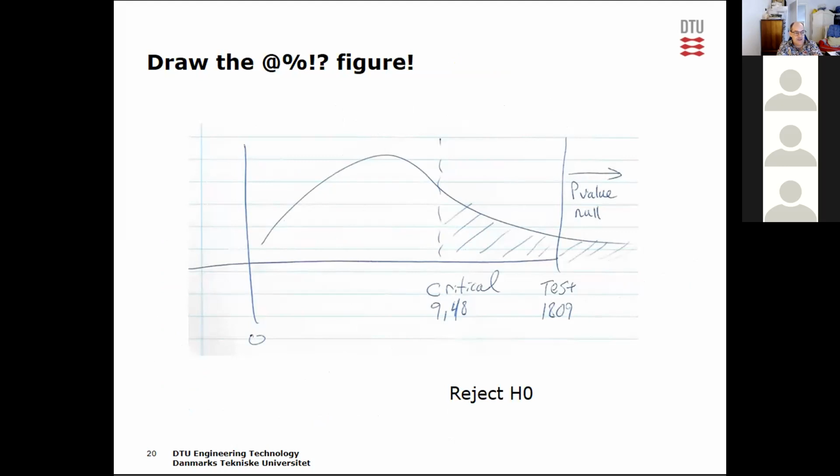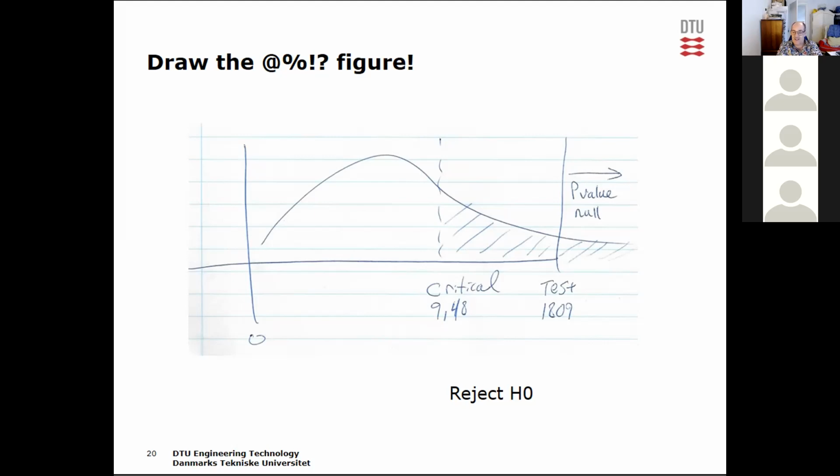My artistic skill is not good enough to fully demonstrate the long distance between a critical value of 9.4 and a test statistic of 1,809, so there's a little bit of artistic license here in my drawing.